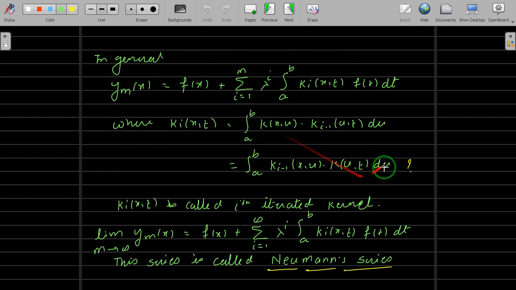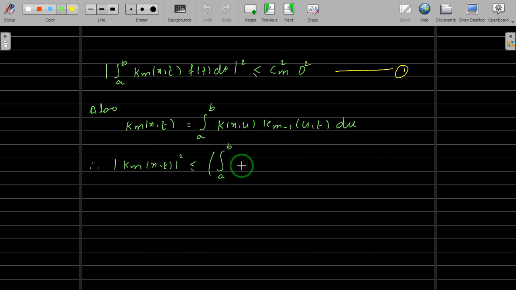So this is the integral of mod of K_{m-1}(x,u) whole square du, and then the second one is the integral a to b of mod of K(u,t) whole square du. Again, the question is, what is the name of this inequality?